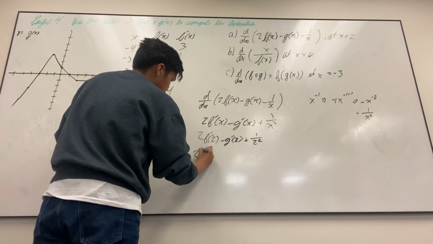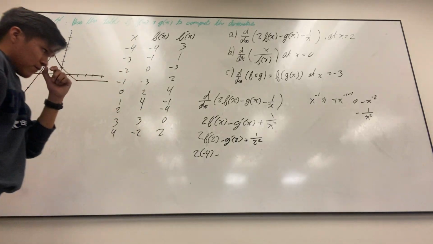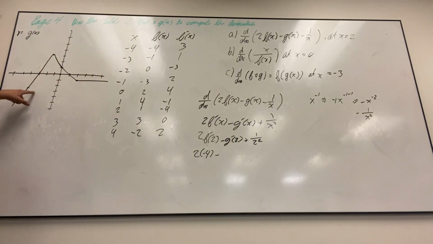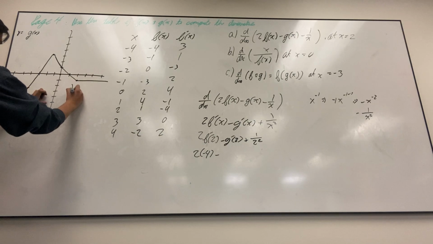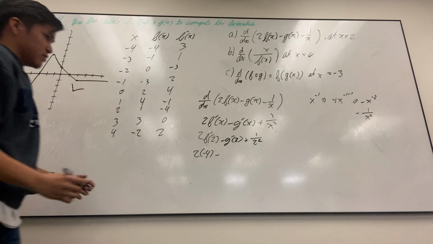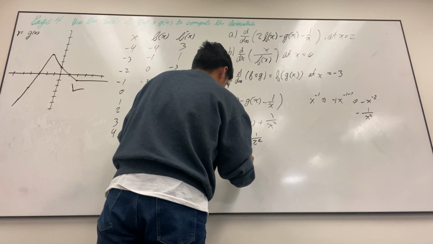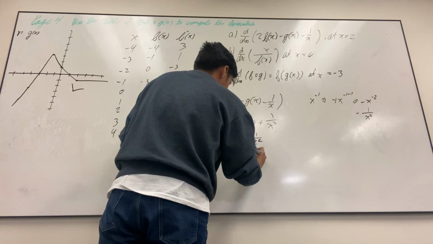So 2 times negative 4 minus g prime. For this one, g prime would be again the slope. So we look at the slope at 2. At 2, there's a corner, which means there's no definite slope. So that means the point does not exist. The slope does not exist. Plus 1 over 4.